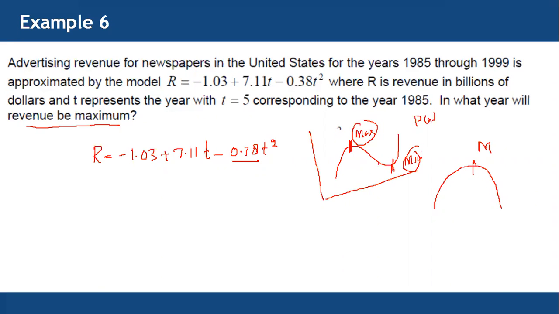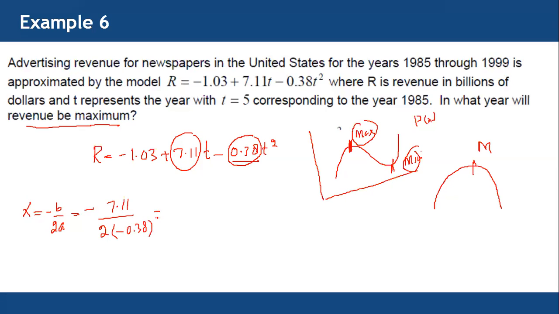So we use the formula x is equal to minus b divided by 2a. What is b? The coefficient of t or x. We have minus 7.11 divided by 2a, which is 2 multiplied with a, where a is 0.38 but with a negative sign.